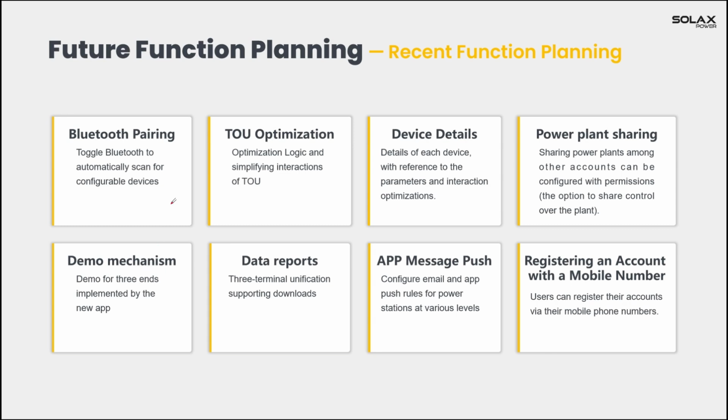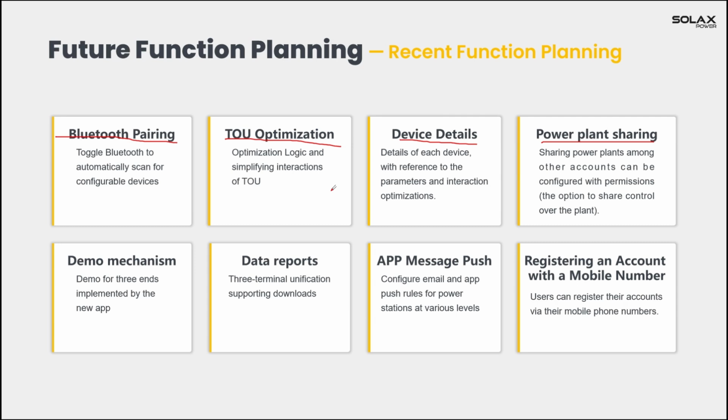These are some of the functions we will implement in the future, such as Bluetooth pairing, TOU optimization, device details, power plant sharing, etc. For example, the new generation of dongle will support Bluetooth pairing. And then we will continue to optimize some functions such as TOU and the device details.